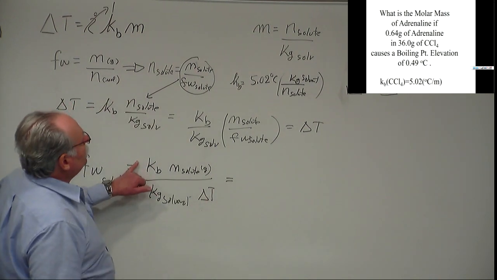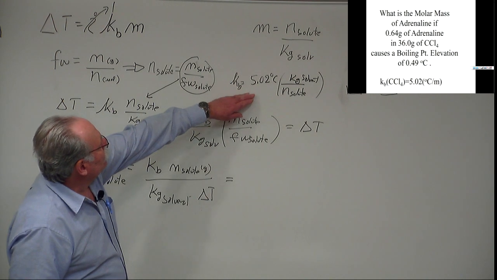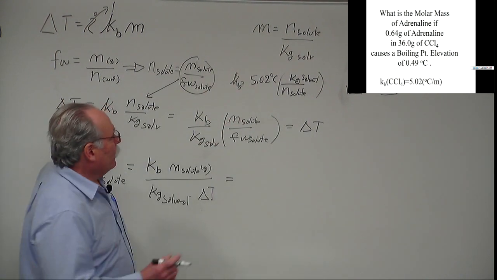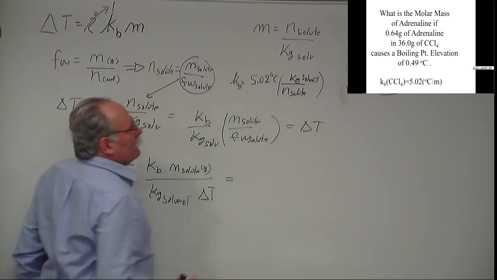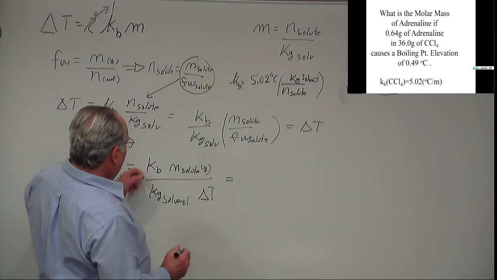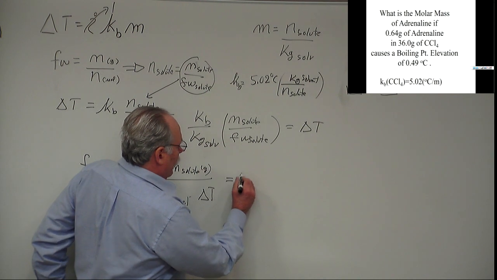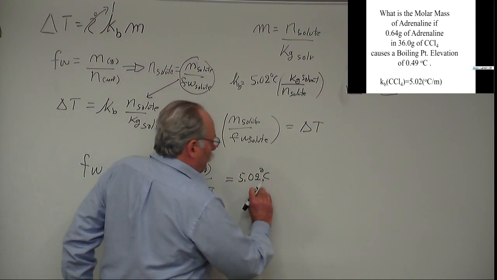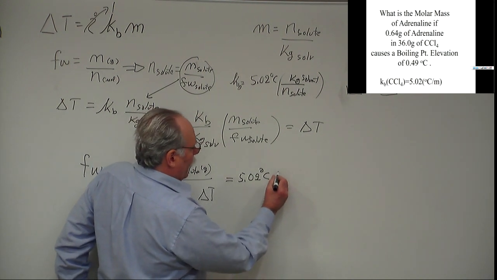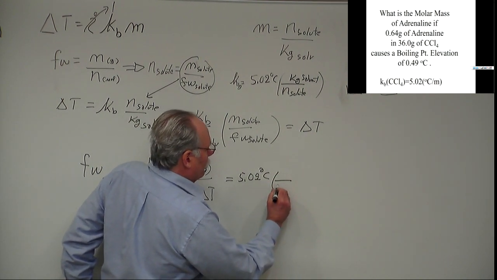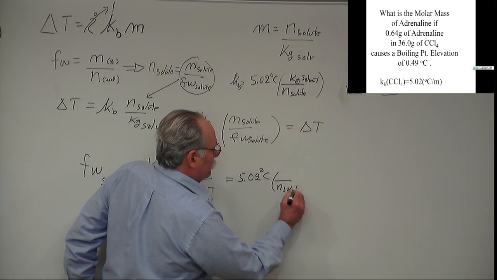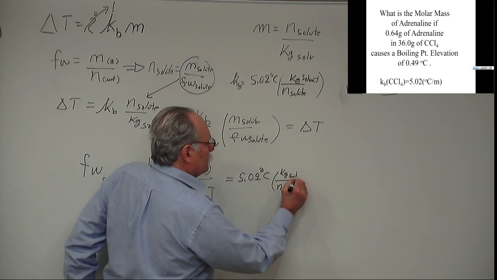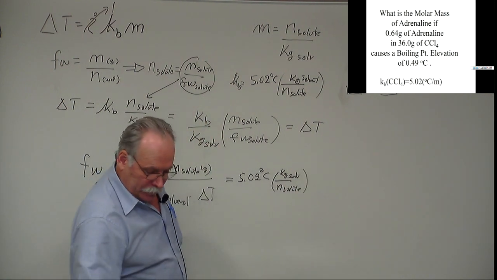Now Kb is 5.02 degrees Celsius per mol. I'm going to write it in this term so we can follow the units, okay? So Kb is 5.02 degrees Celsius reciprocal mol, okay? And the reciprocal mol would have the moles solute in the denominator and the kilogram solvent in the numerator, okay?